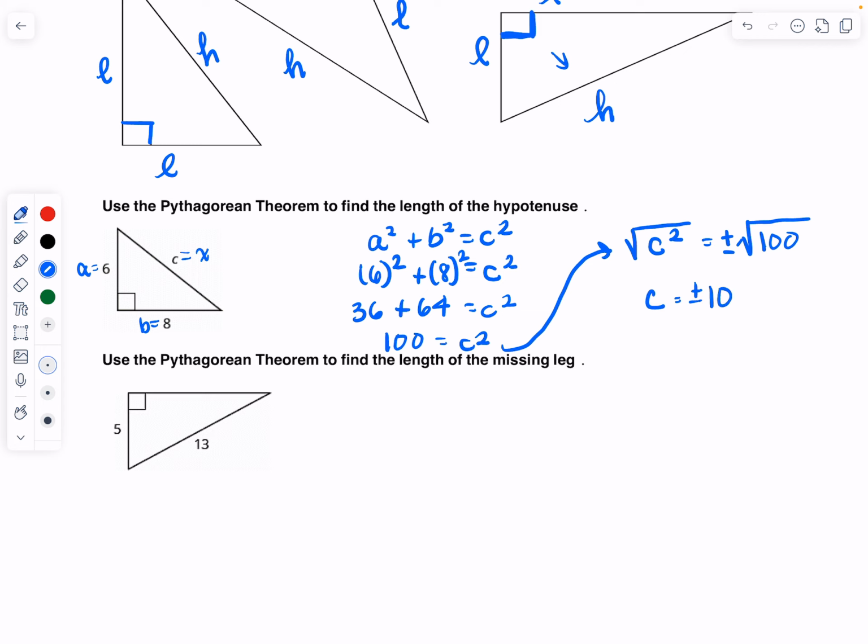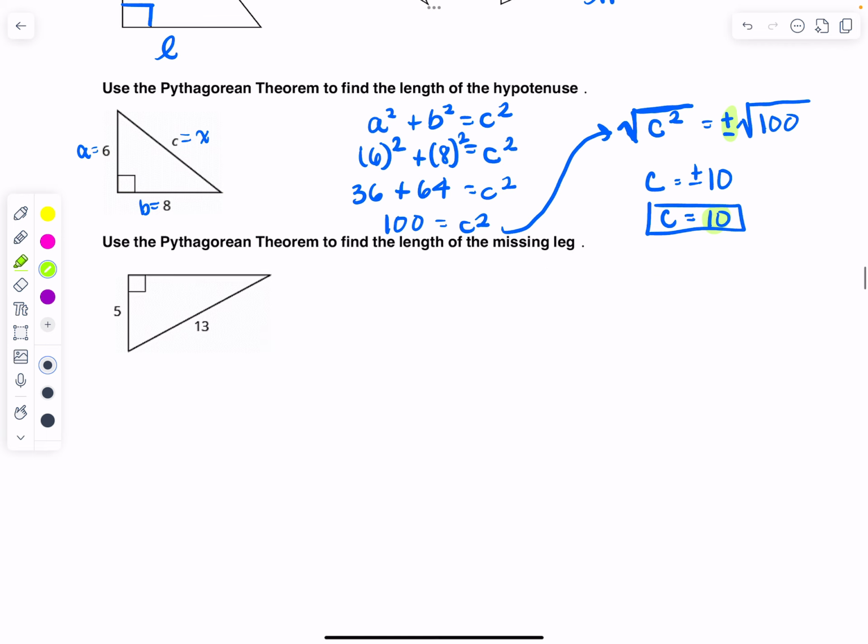Now, because I'm talking about length, I'm going to ignore the negative 10 because that doesn't make sense. So the length of side C is 10. I just wanted to let you know, when you use the square root property, basically when you're taking the square root of something squared, I get two answers, plus or minus, but in this case, I will only include the positive result.